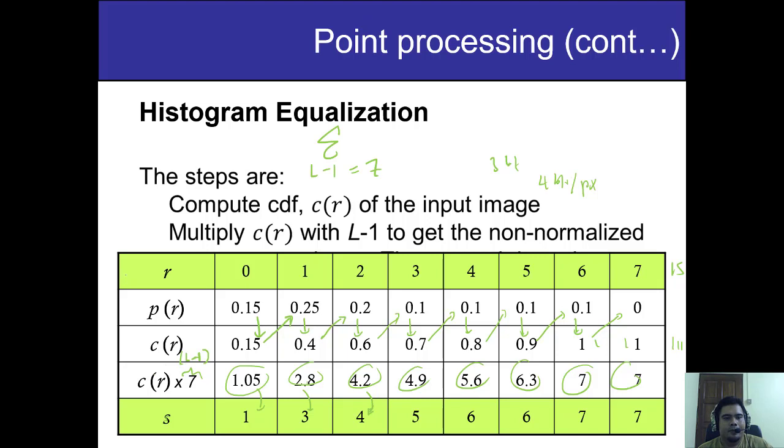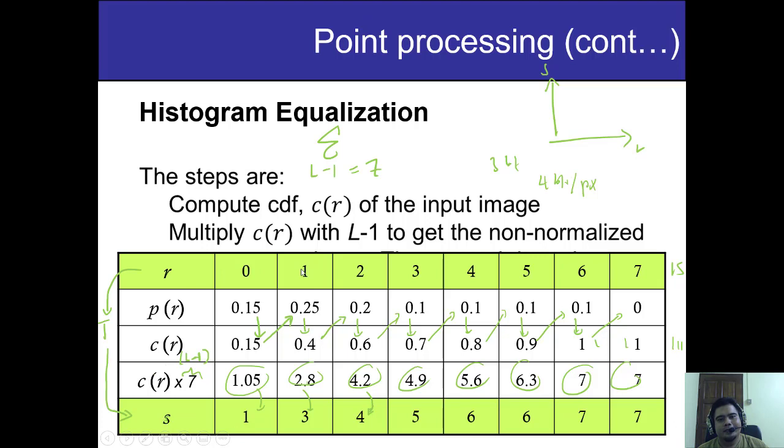Now we have already finished. Actually, this is your transformation function. R goes into your transformation function, then you produce S. Even though we don't have an R-S characteristic graph to see our transformation function, in histogram equalization you have the transformation function, but we don't draw it as the relation between R and S in a graph. Instead we generate it as this table, because now you can see that for each R, if R equals 0, S equals 1.